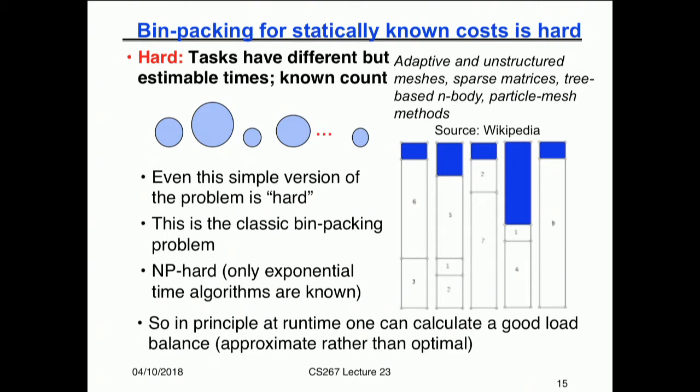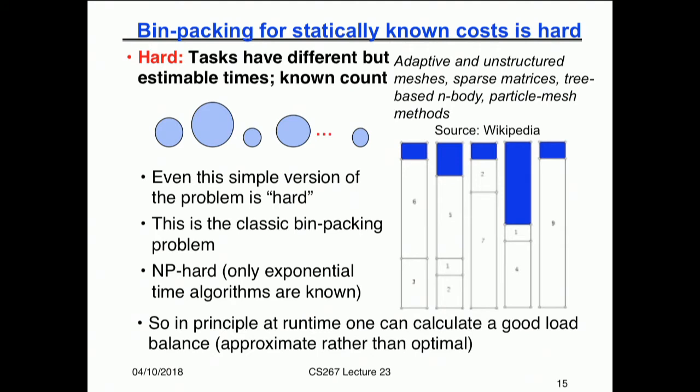So we've got n tasks into p bins, but they may have different weights, and figuring out the optimal way to pack them in order to minimize the total execution time is considered a classically hard problem. It's an NP hard problem. Almost every problem, other than the one I just talked about, which was the very simple static number of tasks that are all equal in size, we're going to run into NP hard problems all over in scheduling. So most problems that aren't completely trivial are going to end up being NP hard.